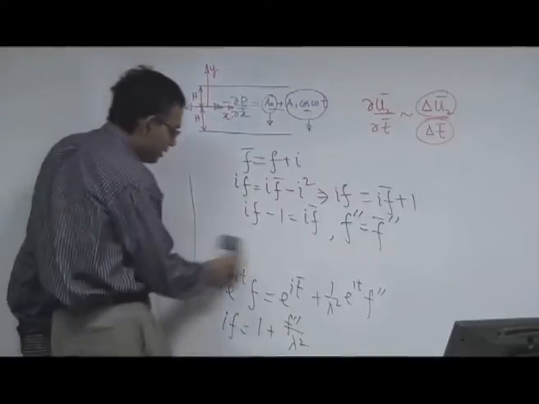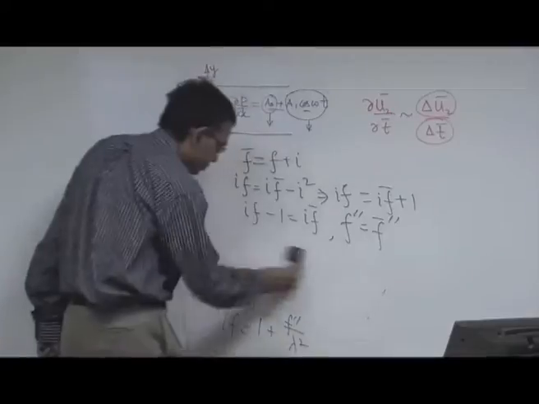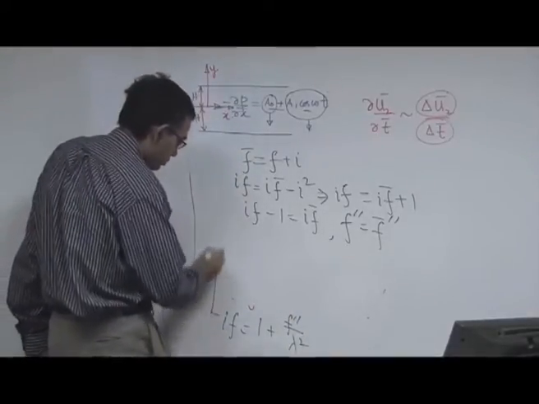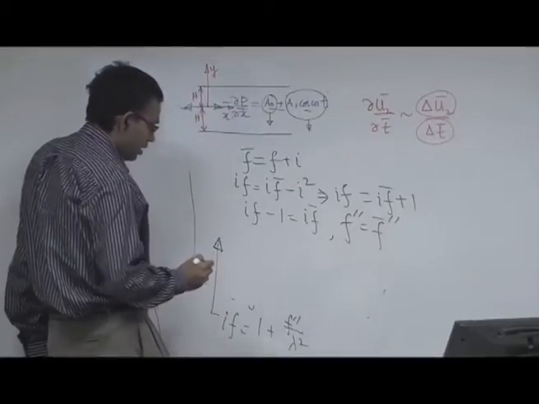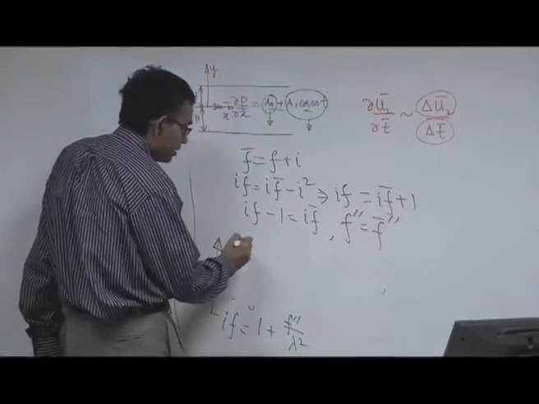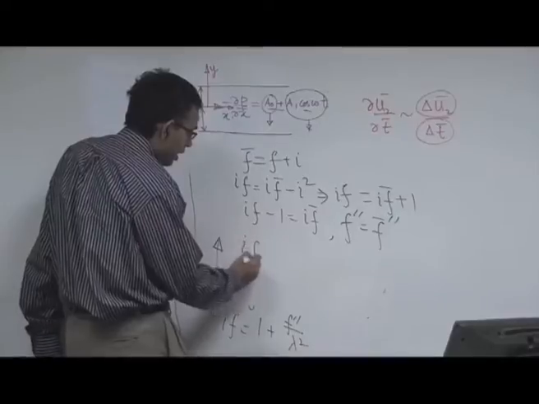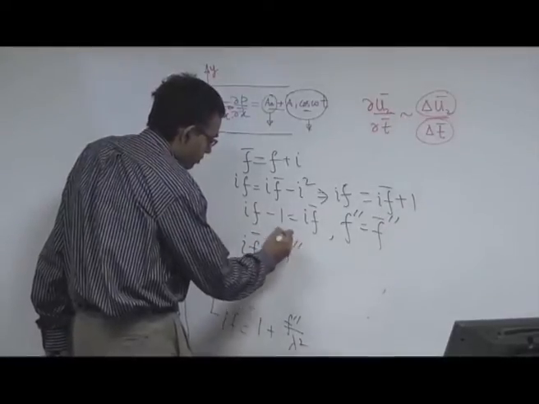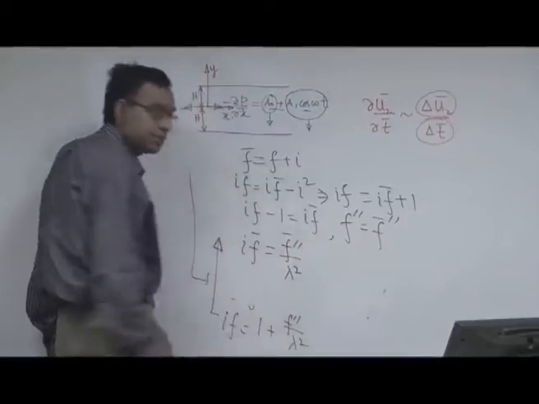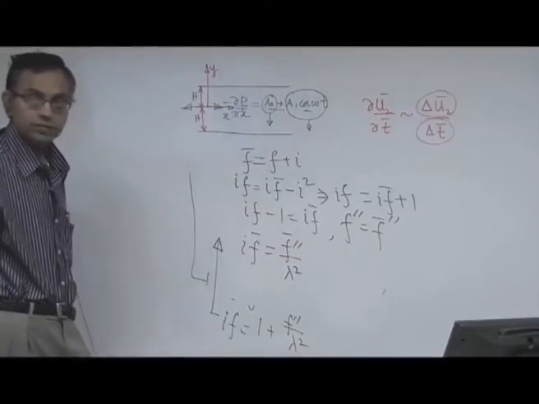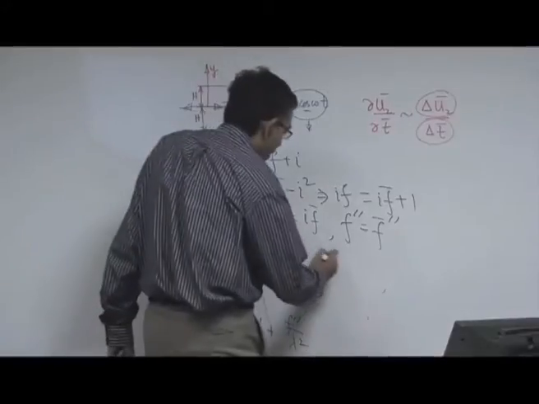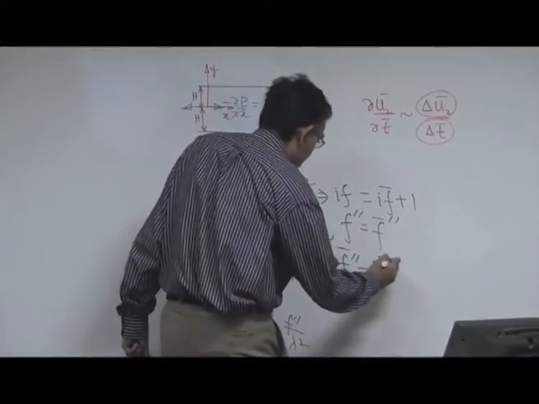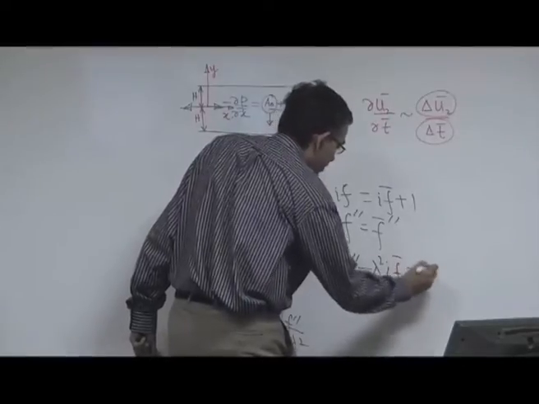So, you can write I f minus 1 as I f bar is equal to f bar double dash by lambda square. So, f bar double dash minus lambda square I f bar is equal to 0.